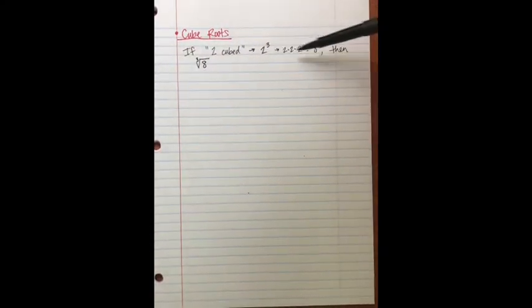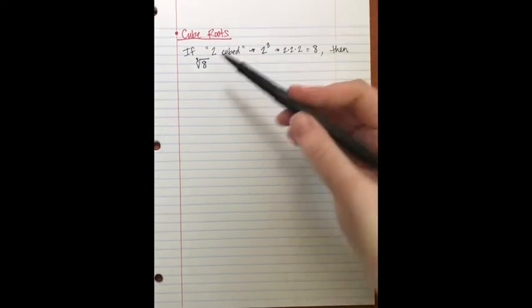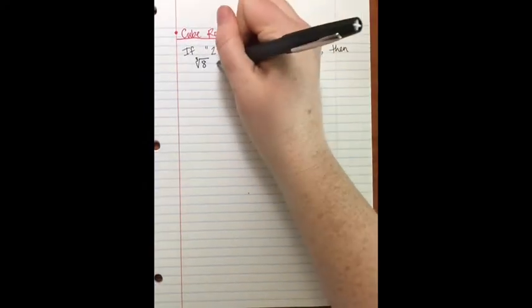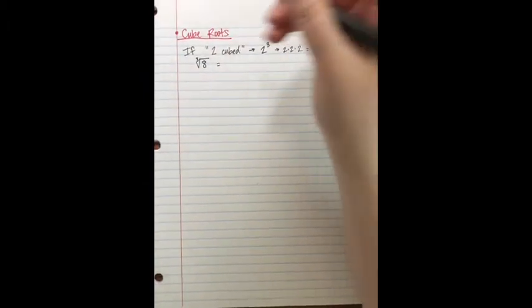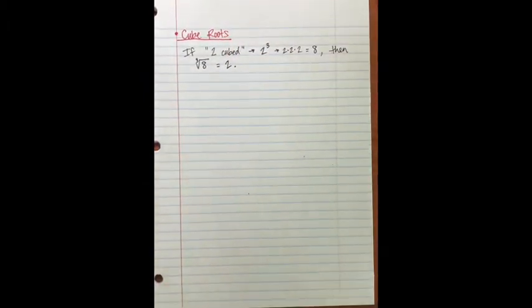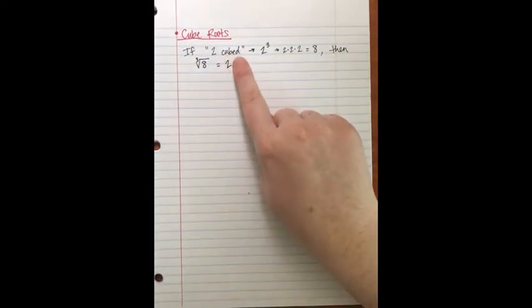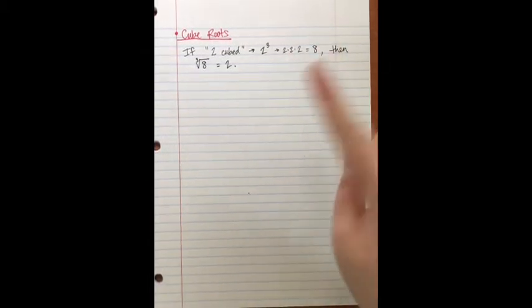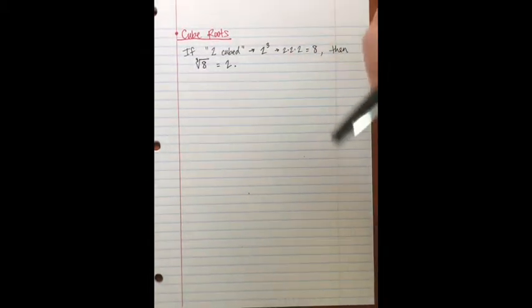So if 2 cubed is 8, then if I take the cube root of 8, guess what I get? I get 2. And that's because 2 cubed is 8. Okay, so it's kind of like an opposite relationship there. 2 cubed is 8, then the cube root of 8 is 2.